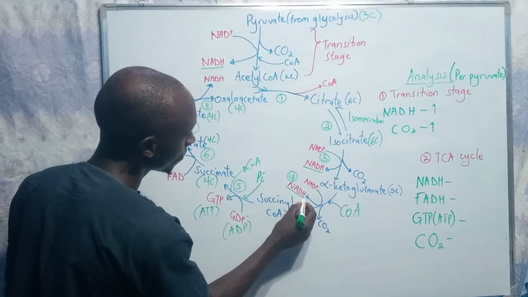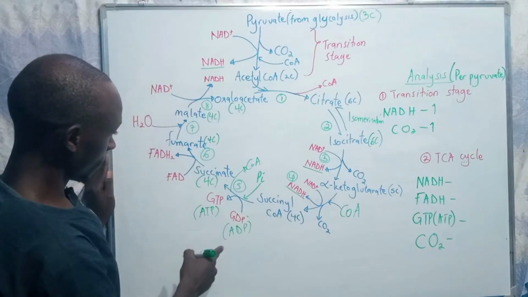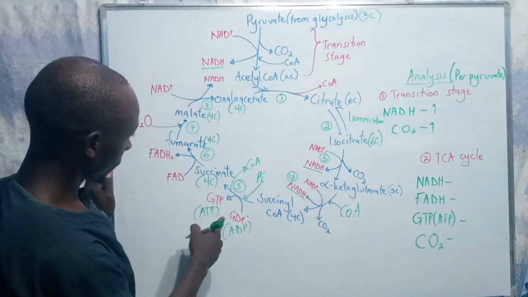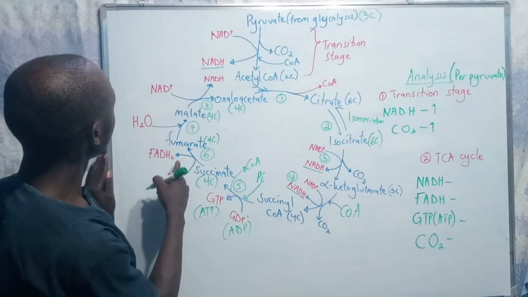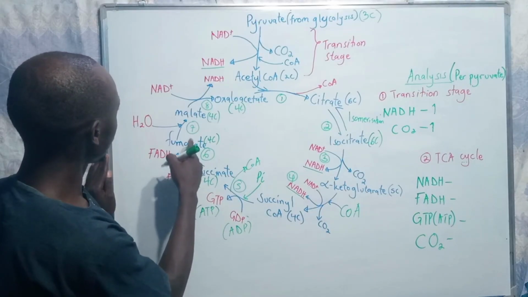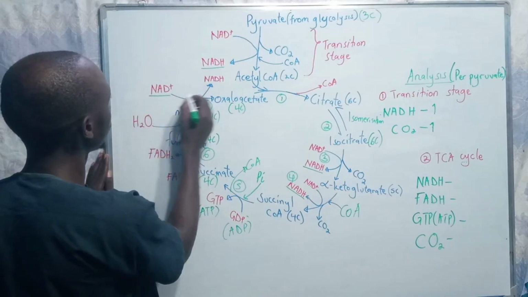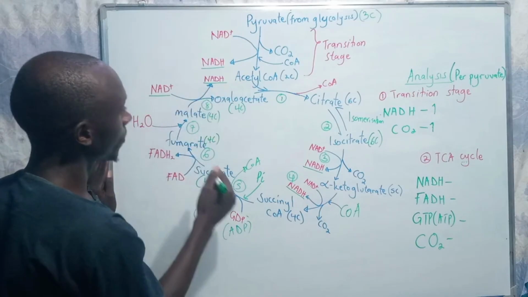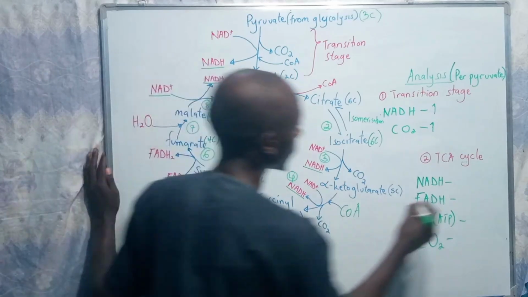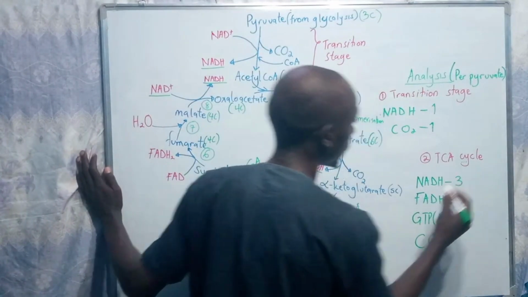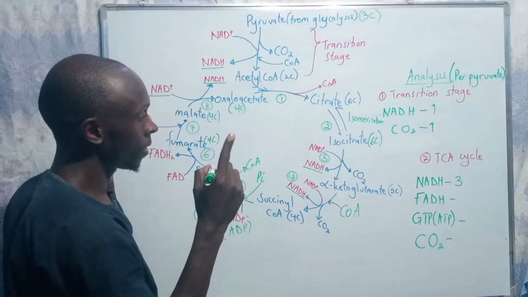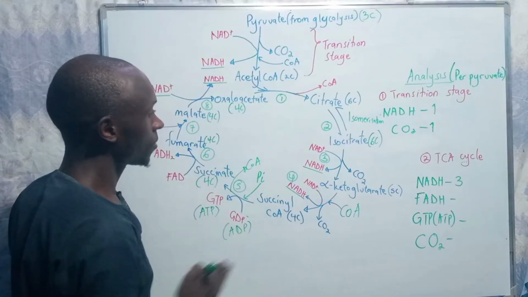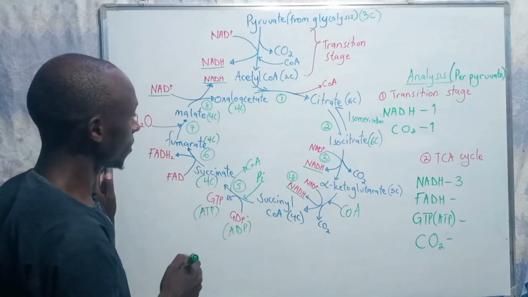There is a second one. When we go to stage 5, we don't have any. Stage 6, we don't have any. Then stage 8, we're having reduced NAD, making a total of 3 of them. So each pyruvate molecule gives us 3 reduced NAD molecules. We have just counted them and we have seen.